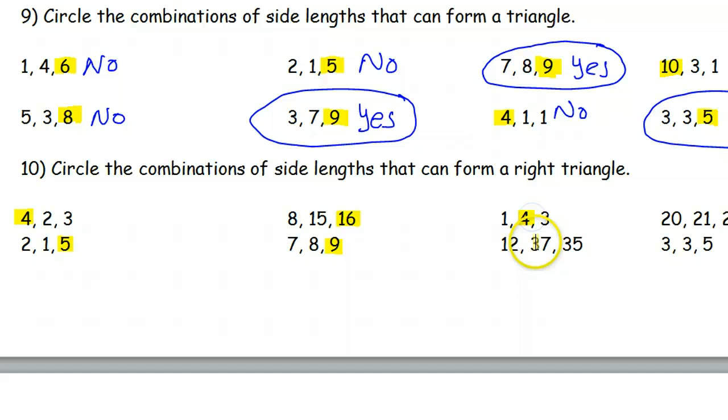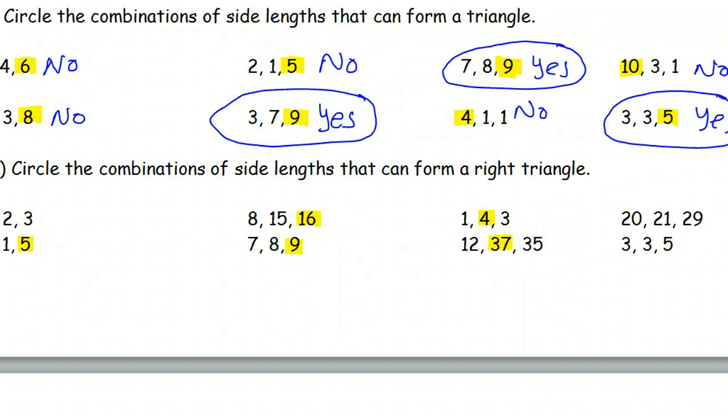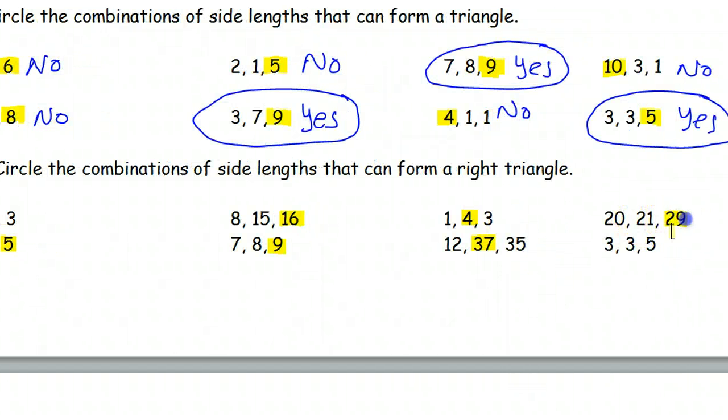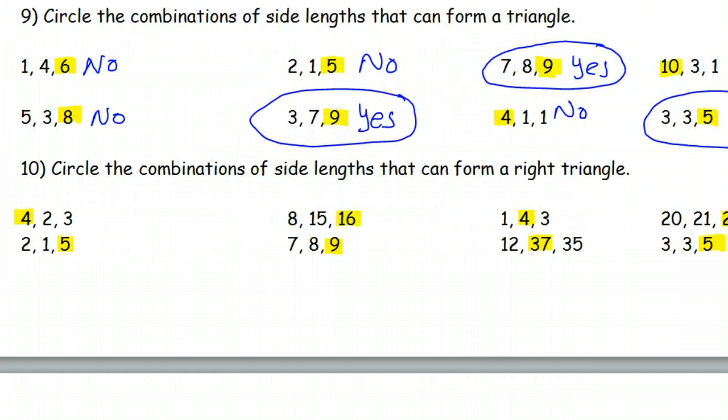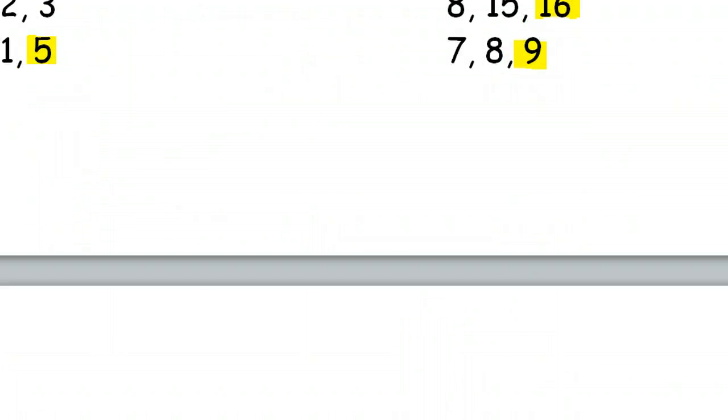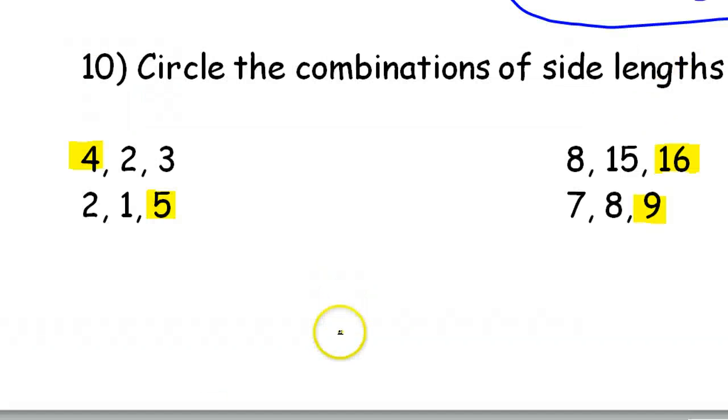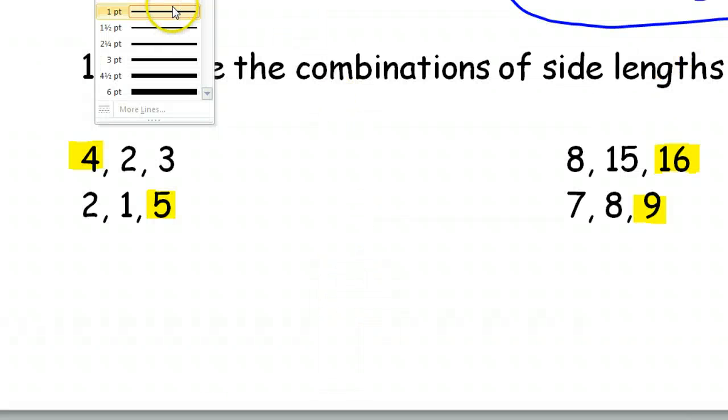Then 4, 37, 29, and 5. In each one of these we would check real quick: does a squared plus b squared equal c squared? I better zoom in so we can do this justice.